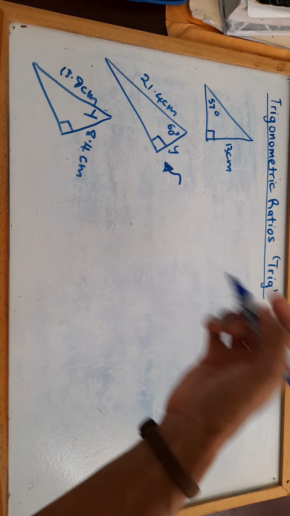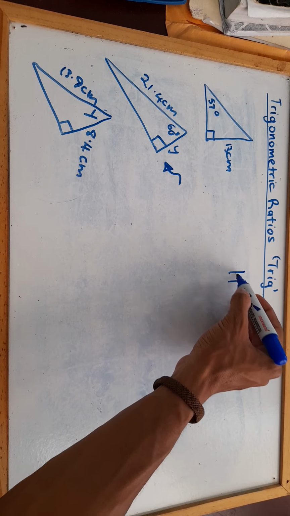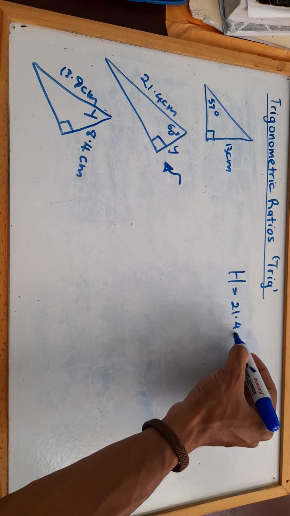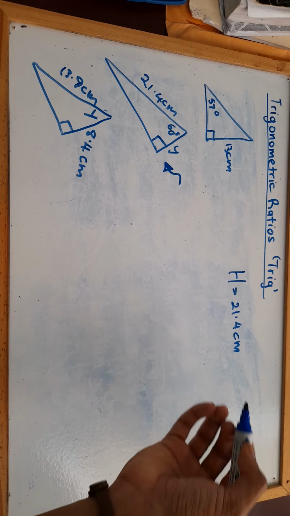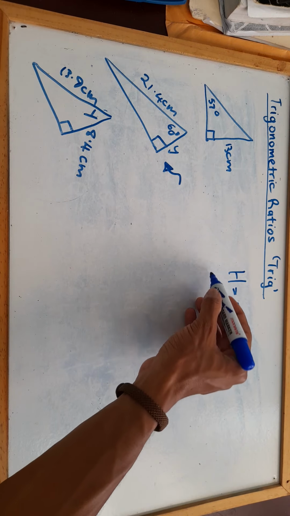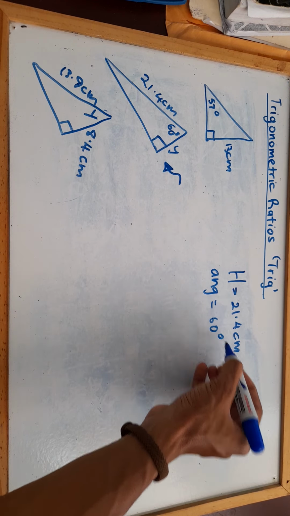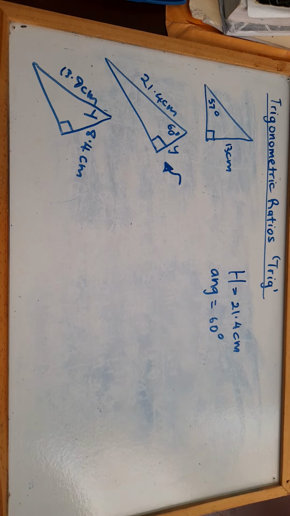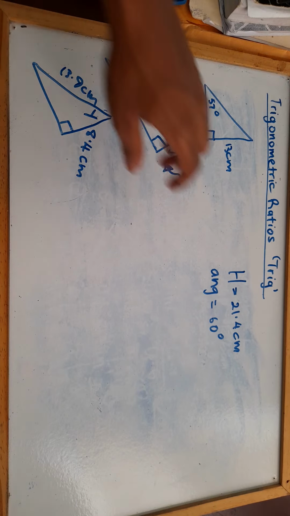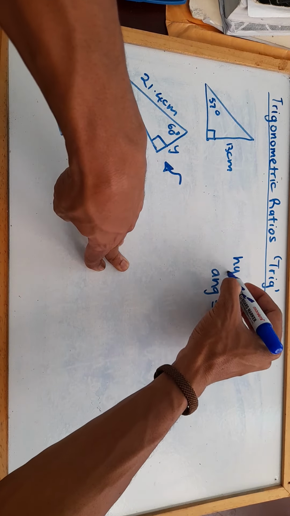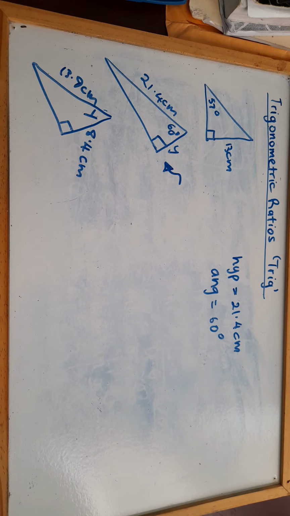Now, we're given our hypotenuse, 21.4 cm. Excuse my handwriting, our angle is 60 degrees. But which side? Why? I represented the hypotenuse as capital E.